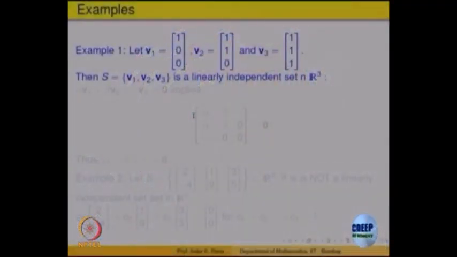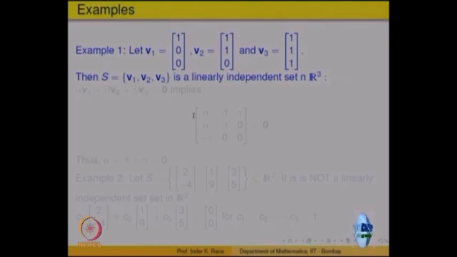So let us look at some examples. Can I say the vectors v1, v2, v3 in R3, with 3 components, where v1 is (1, 0, 0), v2 is (1, 1, 0), and v3 is (1, 1, 1), are linearly independent or not? How will you check that?